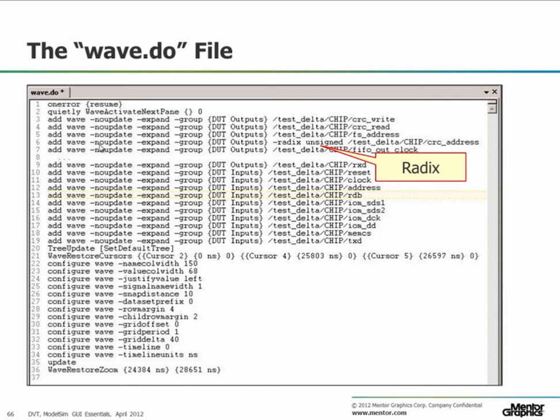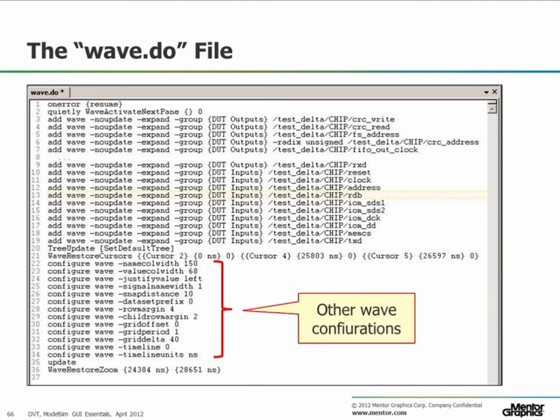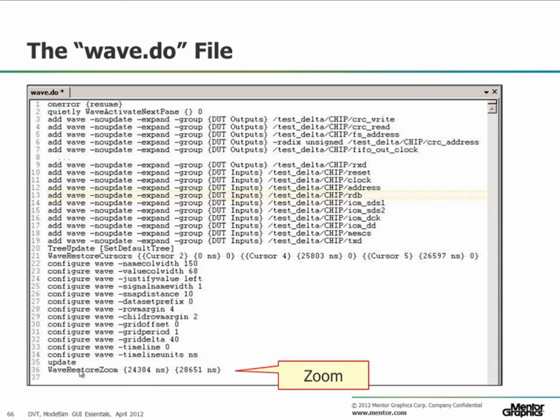You can see that if I've overridden radixes, it will put that in. If I've created signal groups, it will put in the signal groups. So I had an input and an output signal group. Any cursors that I had in the window when I did that save, and then a few other configuration things. And then finally the zoom range that I happen to be in when I save that.